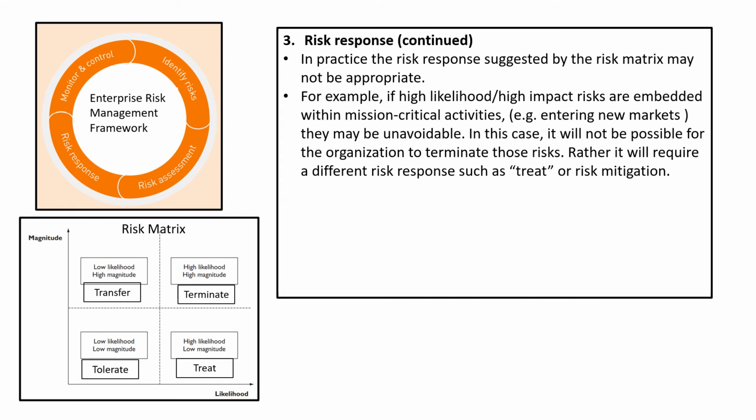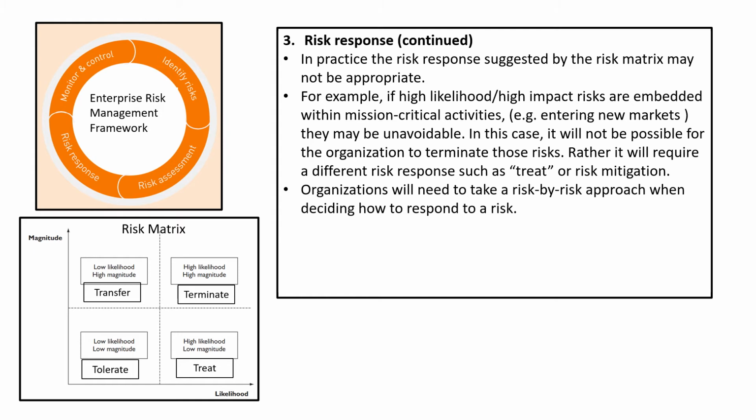Rather, it will require a different risk response, such as treat or risk mitigation. For example, when entering new markets where there is considerable geopolitical risk, the organization may do it in partnership with a local company.